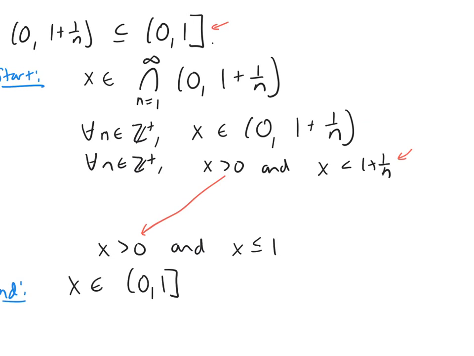This is true for every value of n. If I plug in n equals 1, I would say x is less than 2. If I plug in n equals 2, it would be x is less than 3/2. But these numbers are all too big to get to my conclusion.